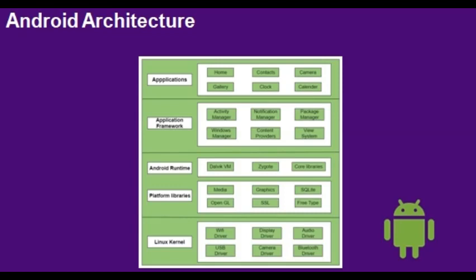If we talk about content providers, they provide data between apps to communicate, like contacts and calendar. So content providers actually share data between applications.